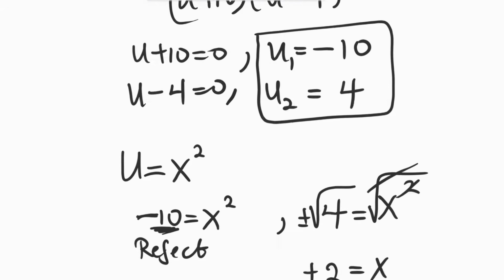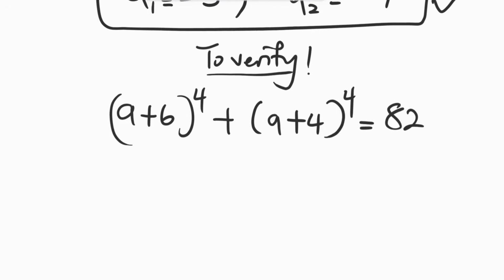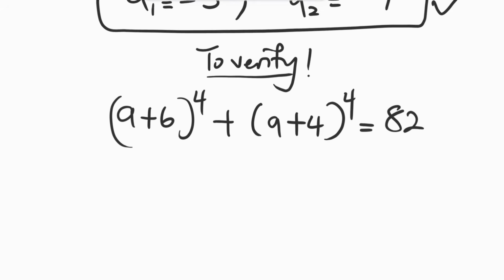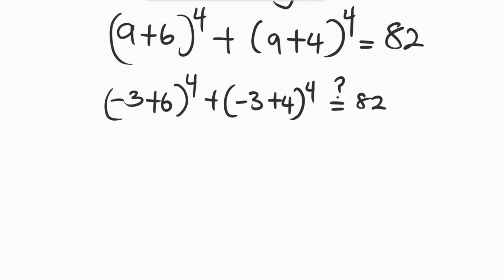We're going to plug in the values of a to see if what we get on the left hand side is equal to the right hand side. a1 is minus 3, so we have minus 3 plus 6 raised to the power 4 plus minus 3 plus 4 raised to the power 4. Is that going to be equal to 82? That's what we need to find out.